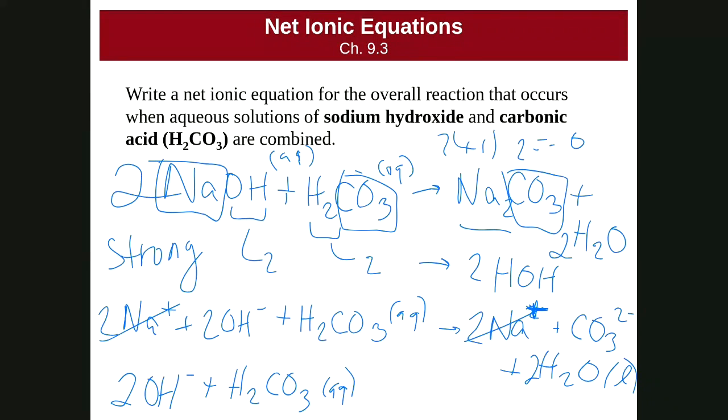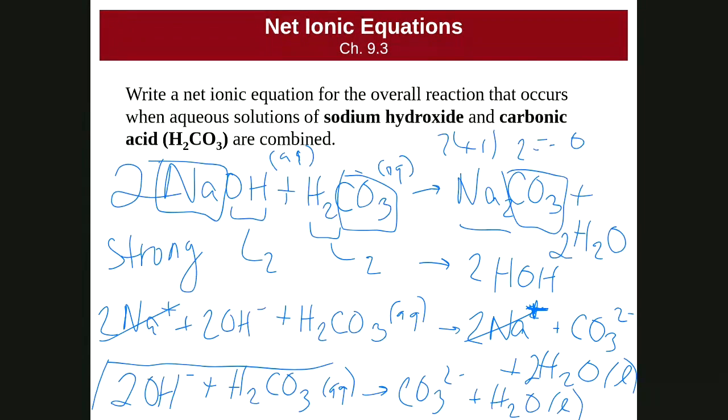And we're forming a carbonate ion and water. We can't cancel anything else out because we need everything else in either the left side or the right side of our equation. So that is our net ionic equation.